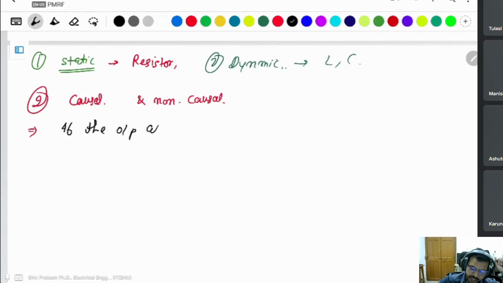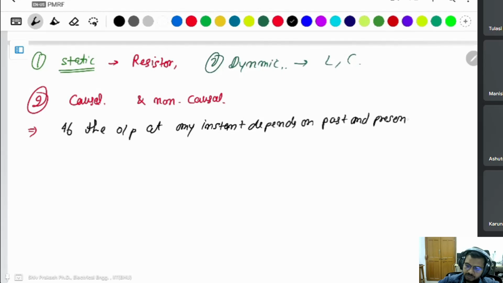If the output at any instant depends on the past and present instant of the input, then the system is causal.